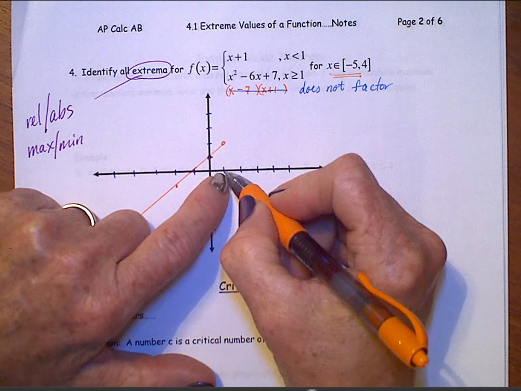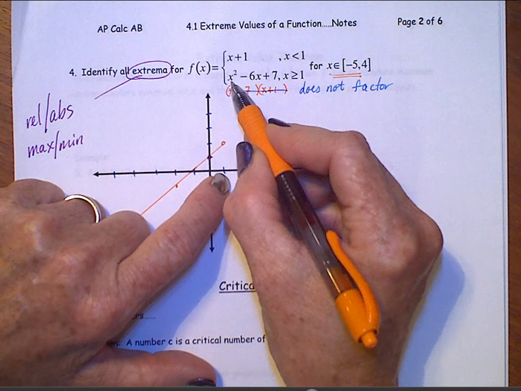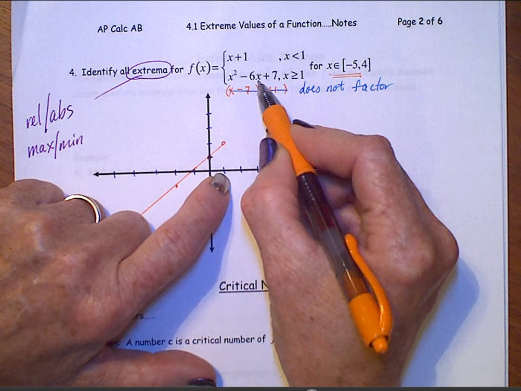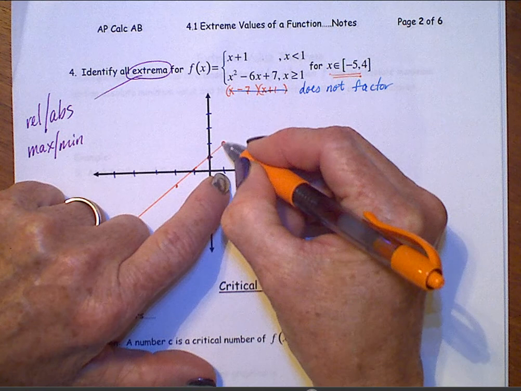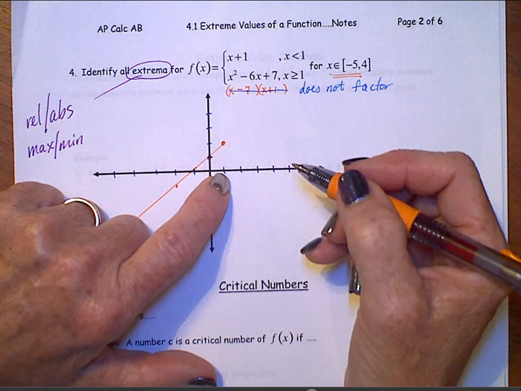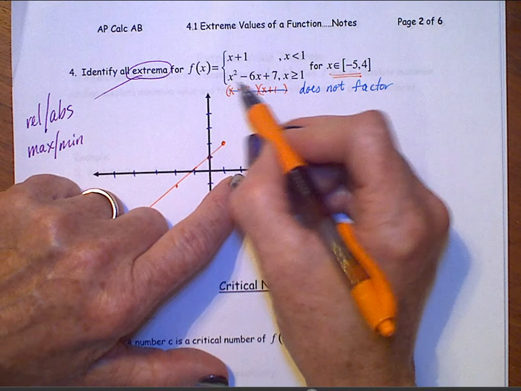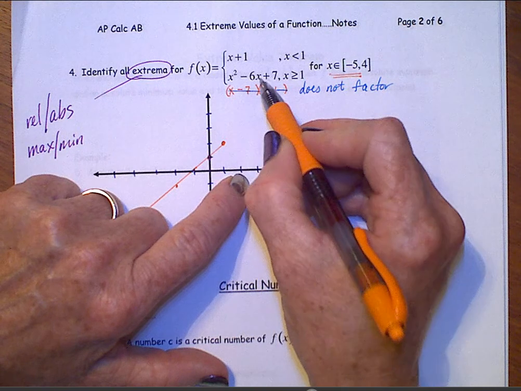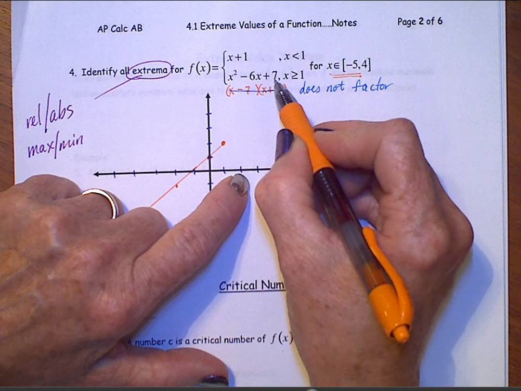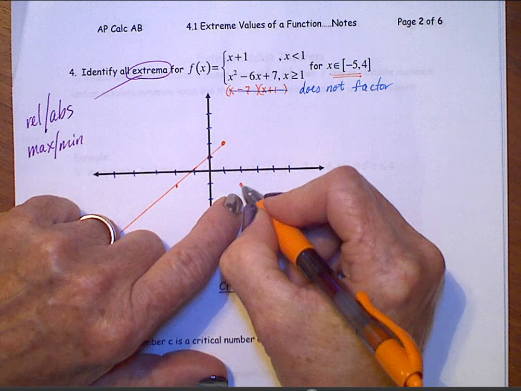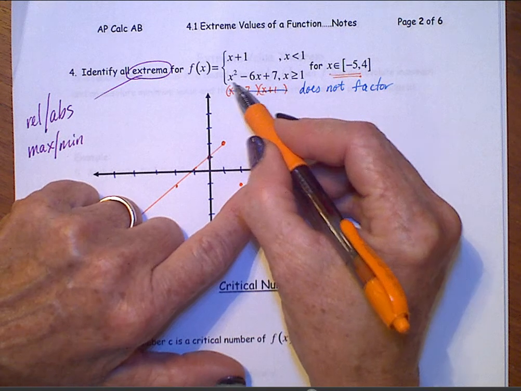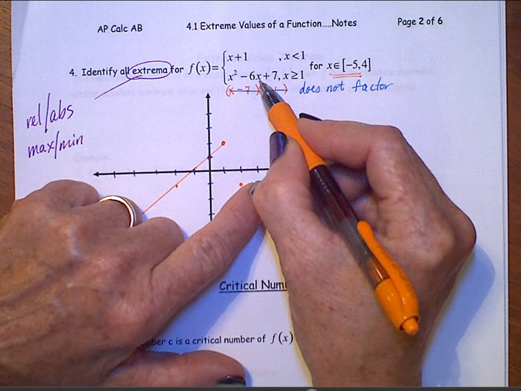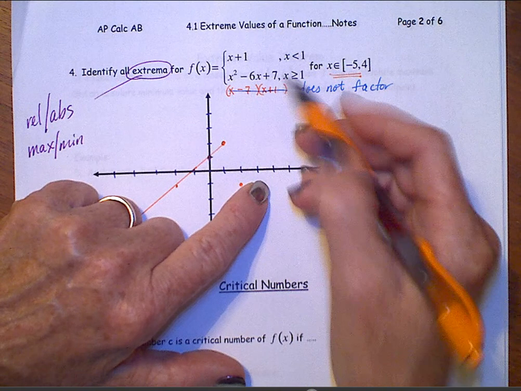Start at x is 1. We have 1 minus 6 is -5 plus a 7 is 2. Oh, so that parabola is going to pick up right where that line leaves off. Plug in a 2, that's 4. Minus 12 is -8. Plus 7 is -1. Plug in a 3, that's 9. Minus 18, it's -9 plus a 7, -2.